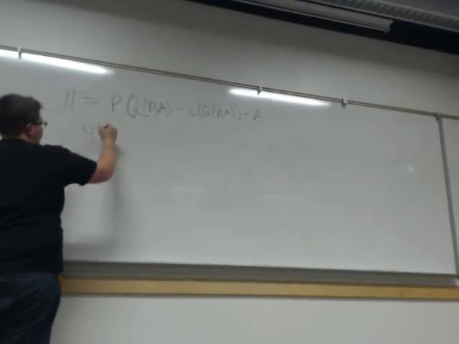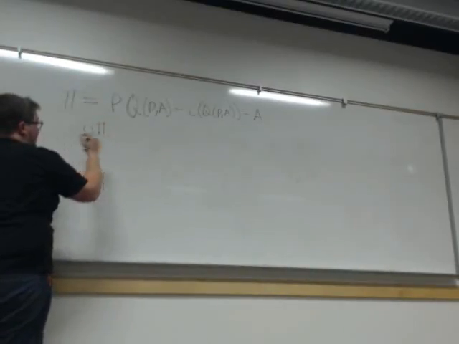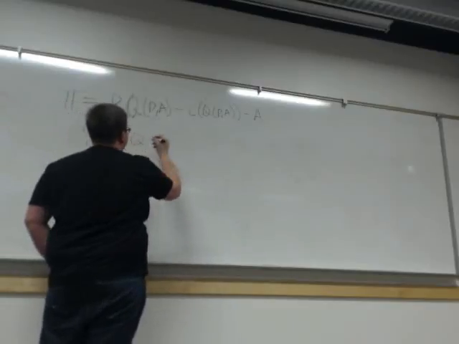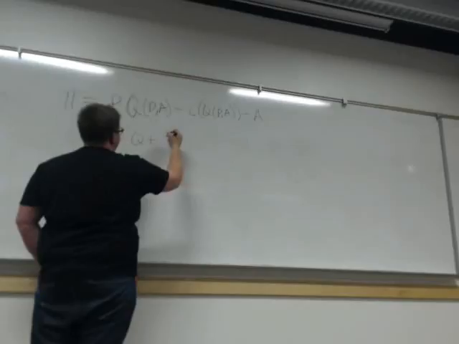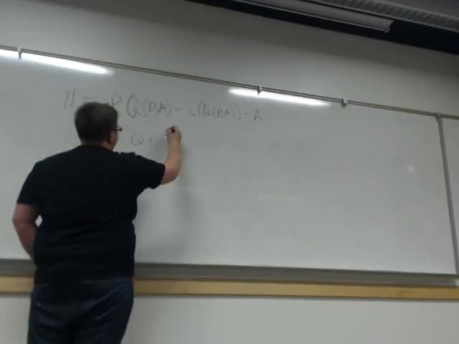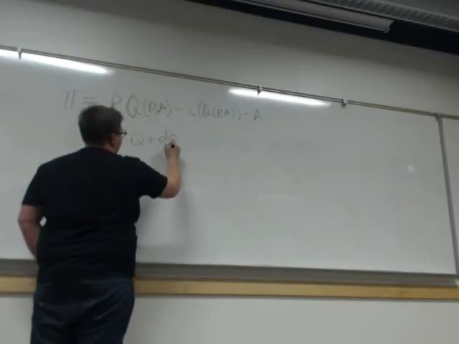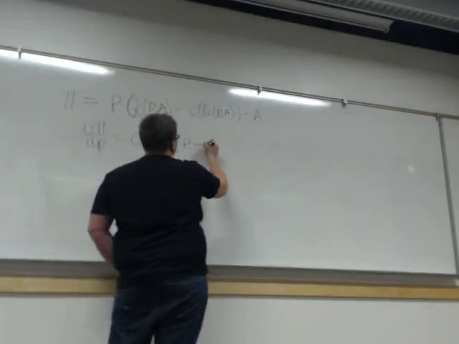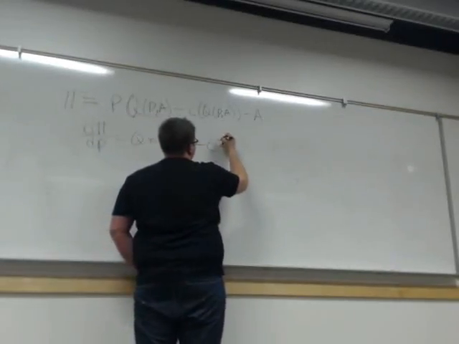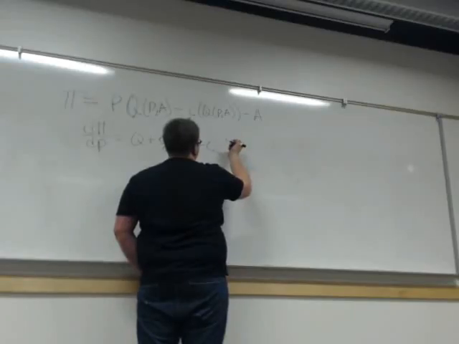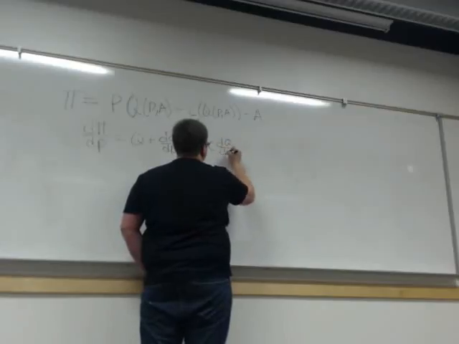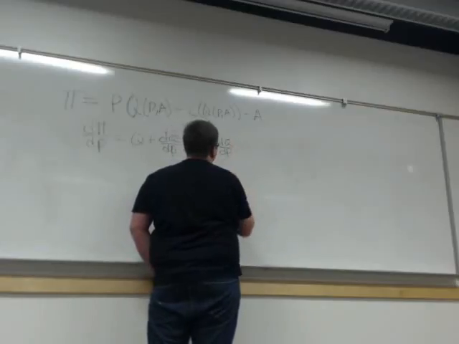Take the derivative with respect to P. It's going to be dq/dp. Oh, never mind, you're right. It'd be dc/dq times dq/dp.